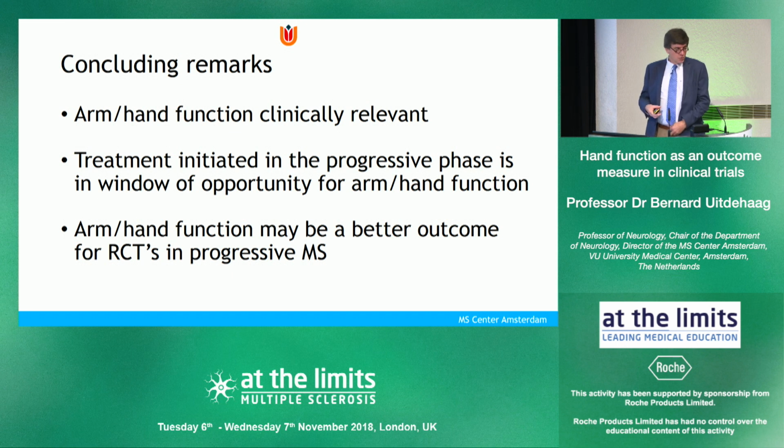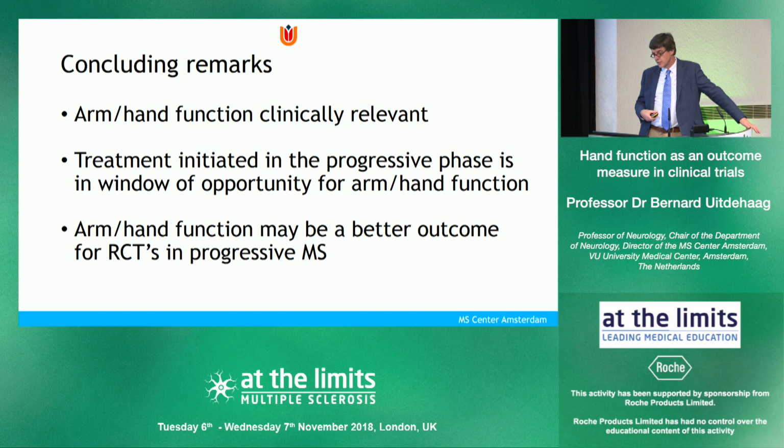So, concluding remarks. I think arm and hand function is clinically relevant. It's not only relevant with respect to trials in progressive MS, but also very relevant in day-to-day practice, and we could or should pay more attention to it.